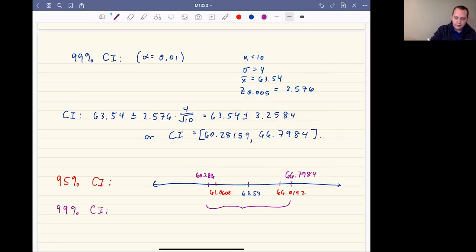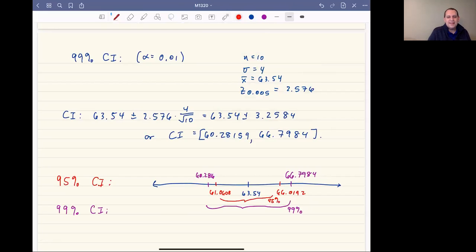So notice that the 99% confidence interval is wider than the 95% confidence interval. The purple is the 99%, the red is the 95%, and that should make sense if we think about how to interpret the confidence interval.